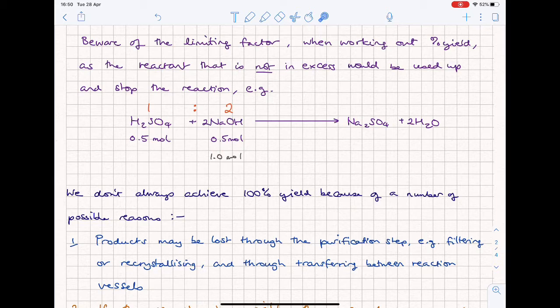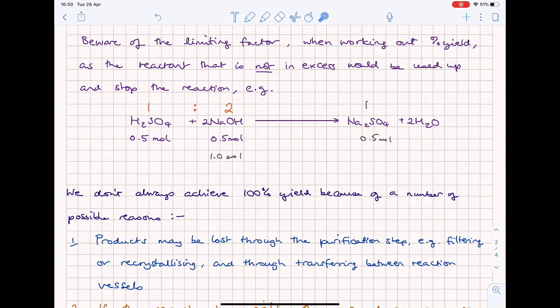And this will limit how much of the product I will get, how much of the sodium sulfate I'm going to get, because not all the sulfuric acid is going to give me the sodium sulfate. So I'm not going to get 0.5 moles of sodium sulfate, even though the stoichiometry of the sulfuric acid to sodium sulfate is 1:1, because the sodium hydroxide is limiting how much of the sodium sulfate I'm going to get. This is the limiting factor.